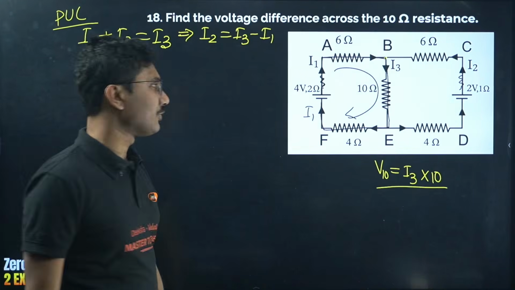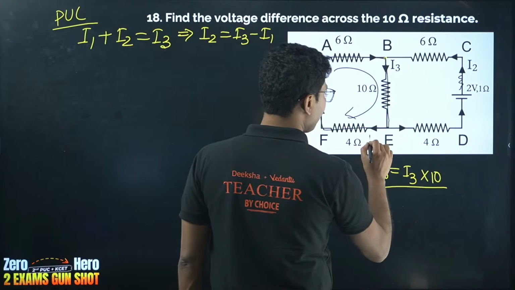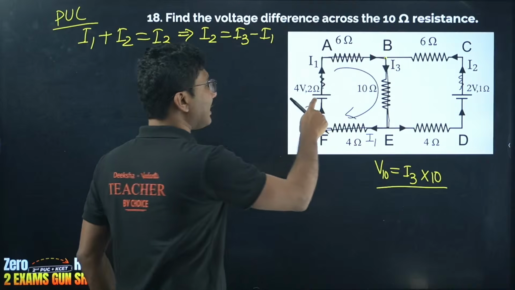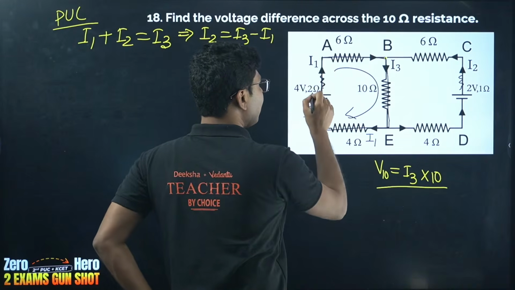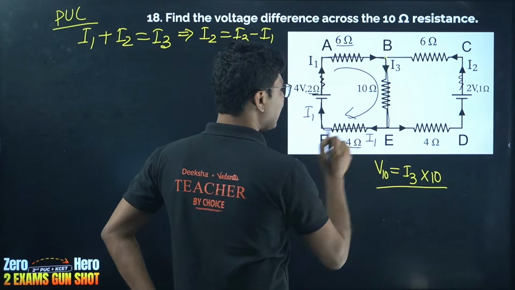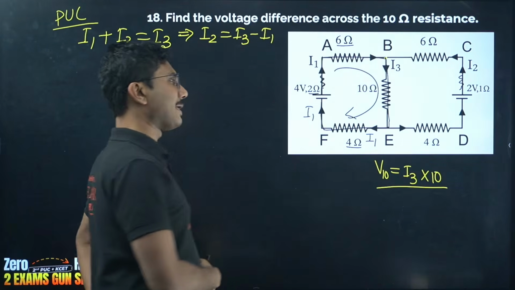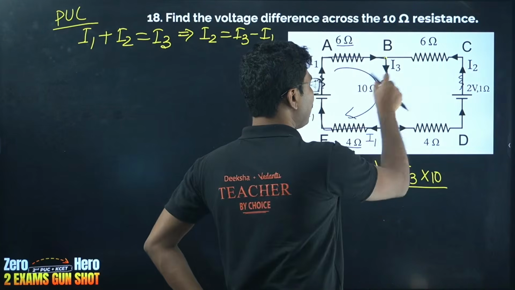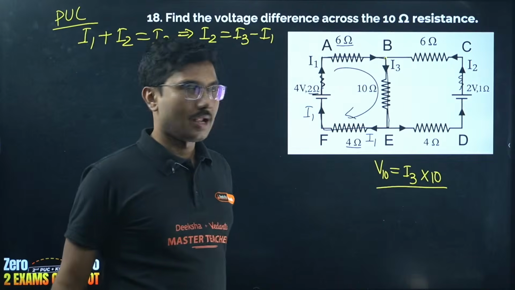That is conservation of charge. So the current through this 4 ohm is also I1. The I1 current passes through 2 ohm, 6 ohm, and this 4 ohm as well. Only through this 10 ohm resistance is the current I3.